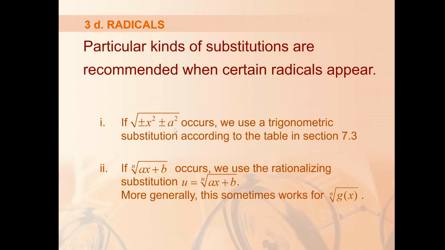Or if you see the pattern like square root of plus or minus x squared plus or minus a squared, we use the trigonometric substitutions according to section 7.3. So it's all about the inverse trig functions. If you see anything like an nth root of ax plus b, we can use u substitutions.